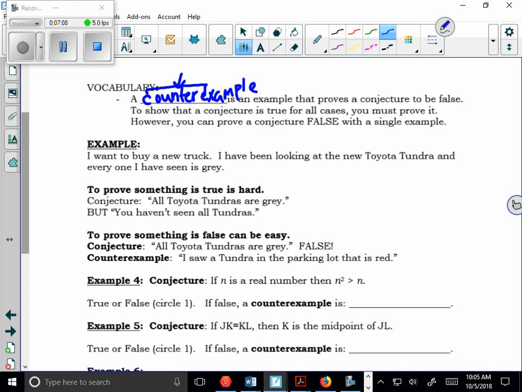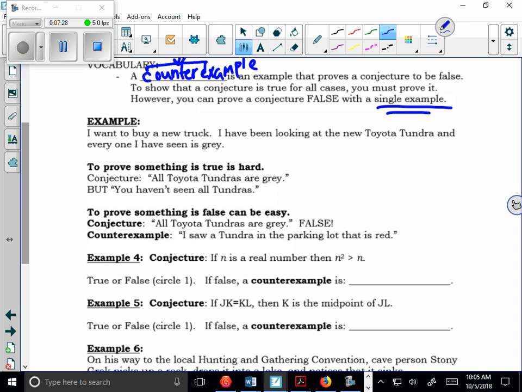As we have learned in doing proofs, it can be a little tough to prove something is true. But it is much, much easier to prove something is false because I need one single example, being the counterexample. The example they give here: I want to buy a new truck and I've been looking at the new Toyota Tundra and every one I have seen is gray. It says right there, to prove something true is hard.